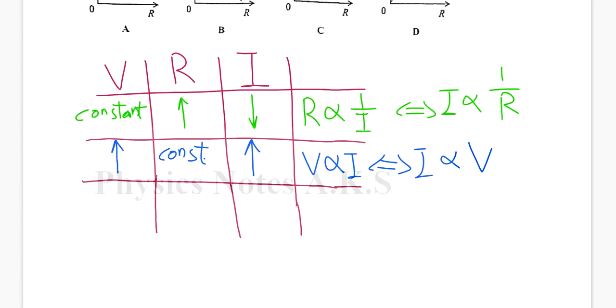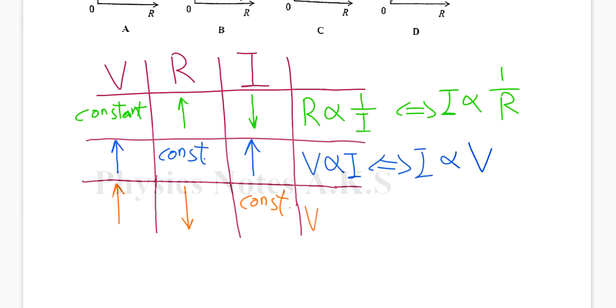Okay. Now, when the current is constant, at a constant temperature, the V and R are inversely proportional. When you increase potential difference, the resistance will decrease. So they are inversely proportional.